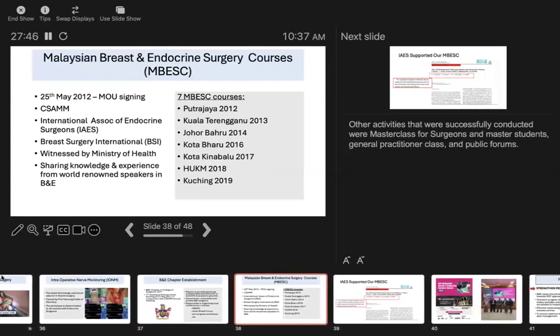And of course, previously we have the Malaysian Breast and Endocrine Surgical courses, which were first initiated in 2012. It is a collaboration between IAS, BSI, and the University of Health. During that time, we shared knowledge and experience, and we brought renowned speakers from worldwide who came here to share their experience.